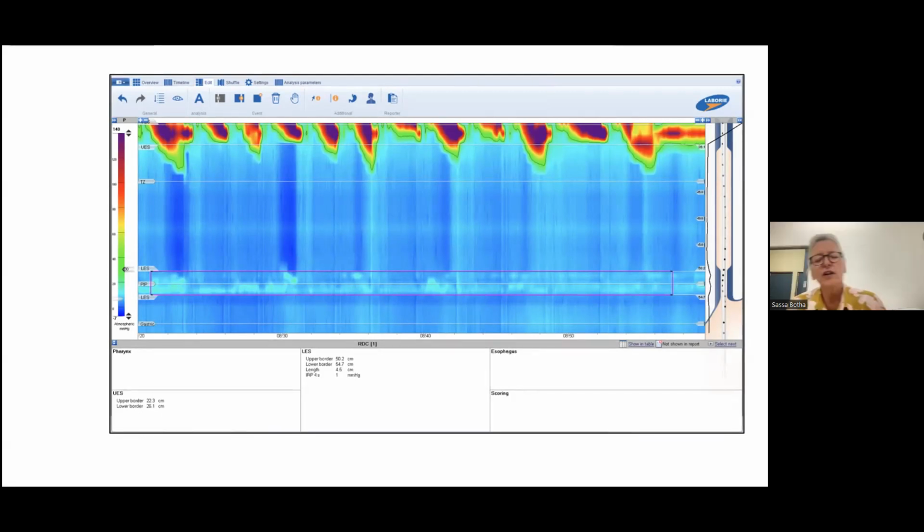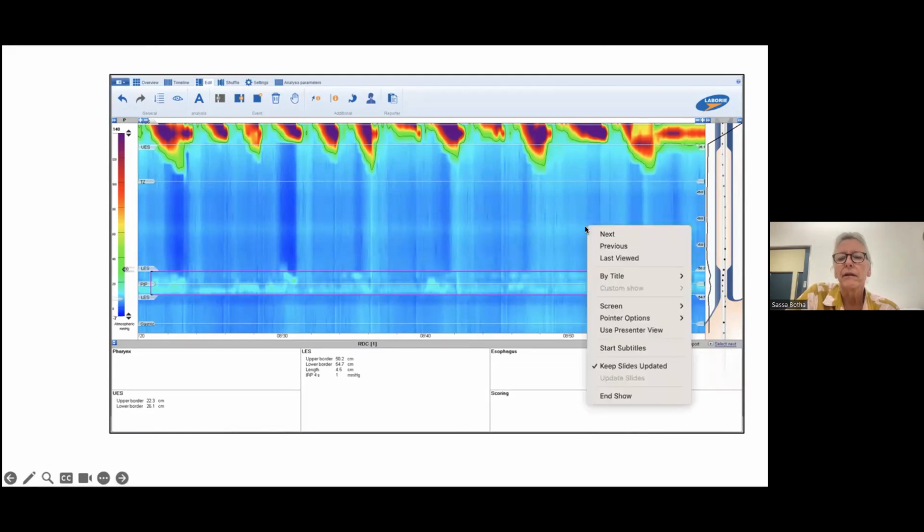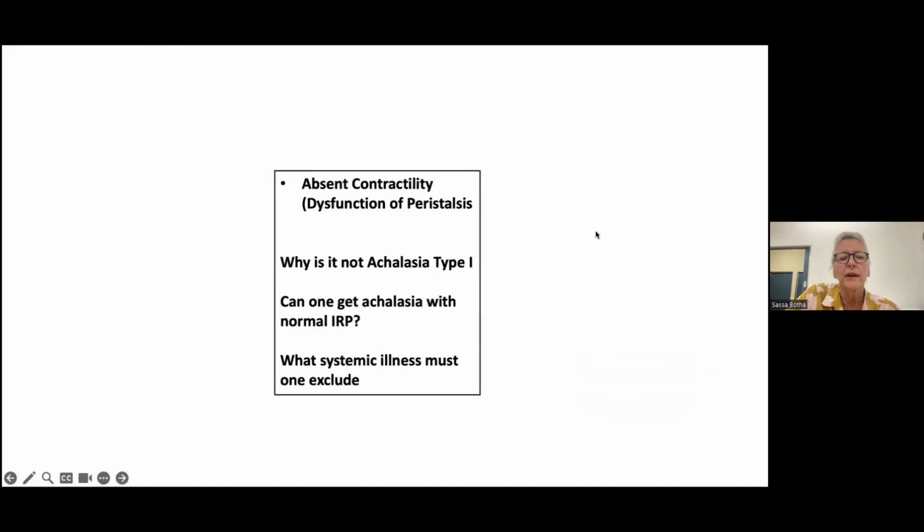Yes, because with the rapid drink challenge, your LOS relaxation should be ongoing, so it should relax totally because of the NO that occurs. And if there was any increased IRP, you would see pressurization on your manometry.